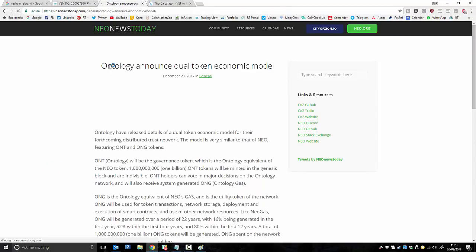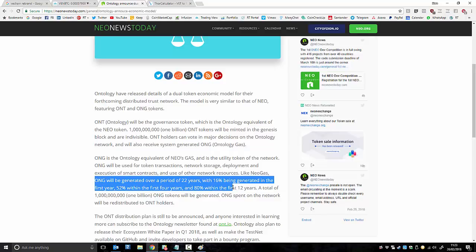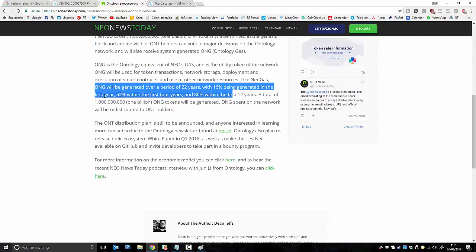Just like NEO, it will have another cash flowing token. There's going to be a lot more than NEO, 1 billion, so basically 10 times more. But yeah, very much like NEO in terms of the minting process. Again, this is going to be a really good one.